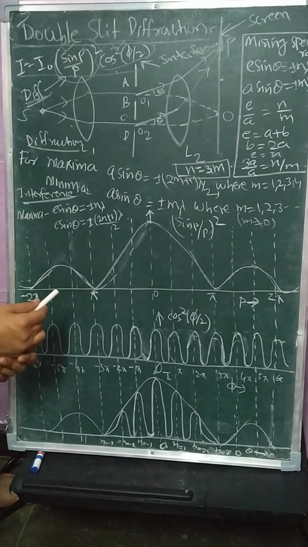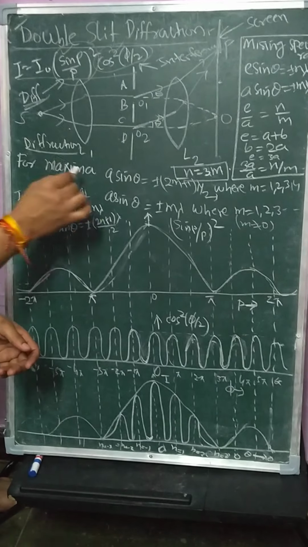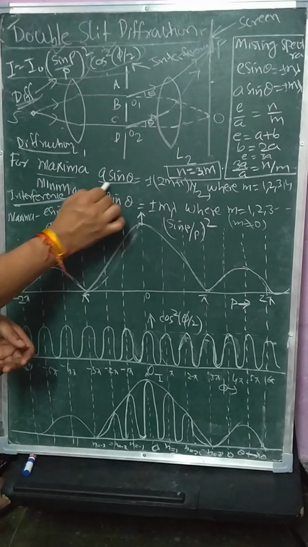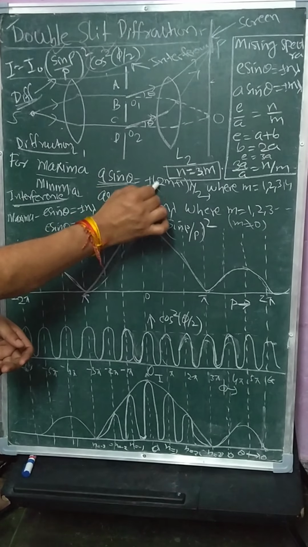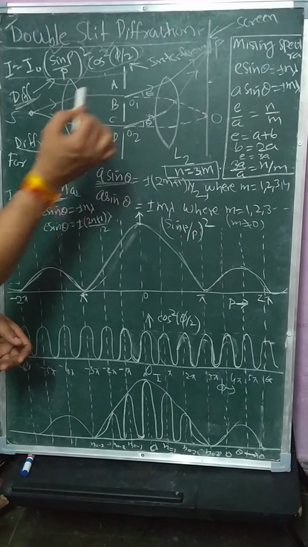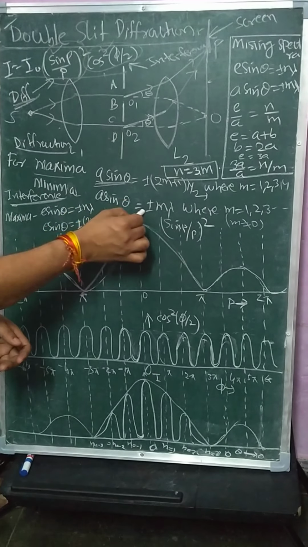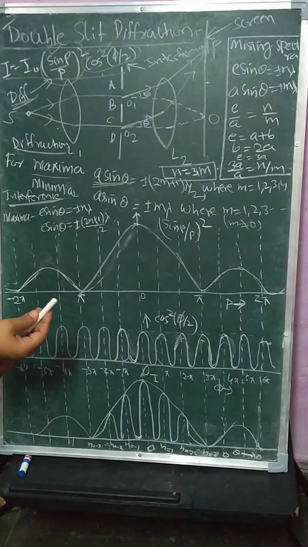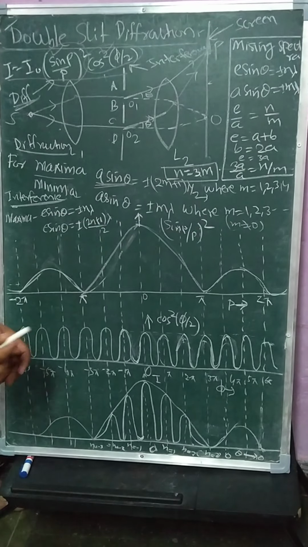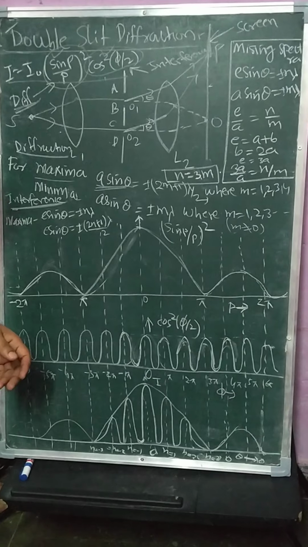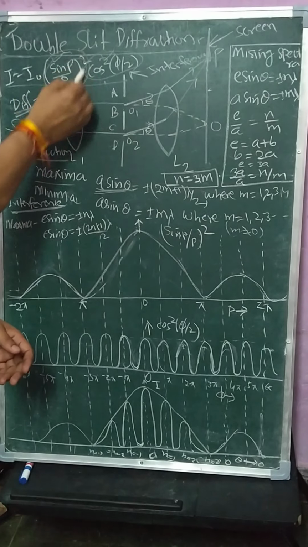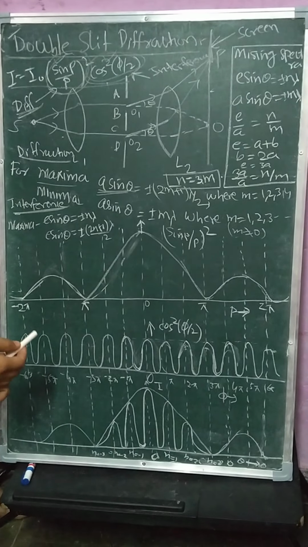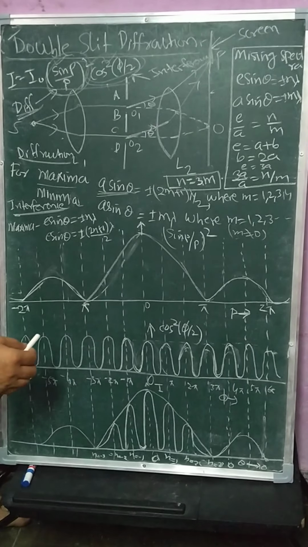Okay, so firstly discussion according to diffraction: the secondary maxima, a sin theta equal to plus minus (2m plus 1) lambda by 2, minima a sin theta equal to plus minus m lambda, where m equal to 1, 2, 3, that's minima, m not equal to 0. And similarly for this step complete, but the interference pattern already discussed in previous lectures.